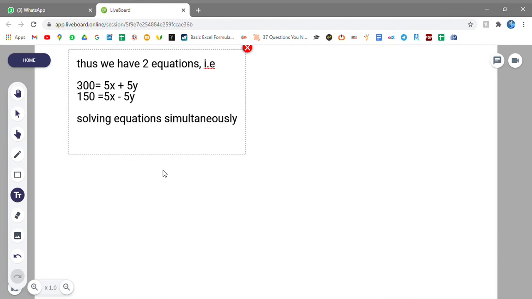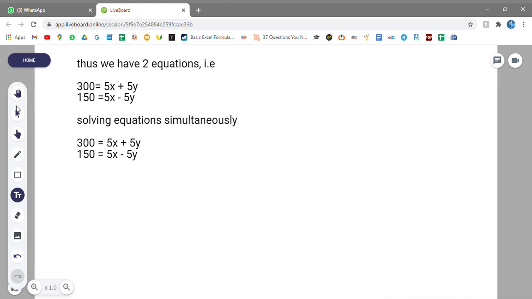Okay, I am going to rewrite the same equations. Here you need not multiply the equations with any number, because both x and y coefficients are the same for both the equations. So 300 is equal to 5x plus 5y, and 150 is equal to 5x minus 5y, and you need not change the sign also.